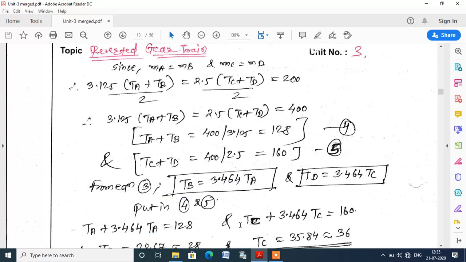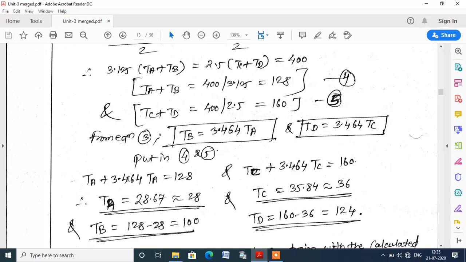But from equation 3, Tb is equal to 3.464 Ta and Td is equal to 3.464 Tc. Putting this value in the equation and solving, we get Ta is equal to 28.67, Tc is 36, Tb is 100 and Td is 124.